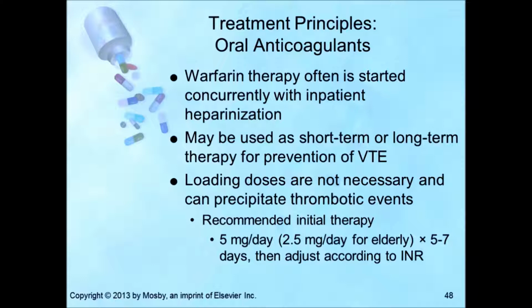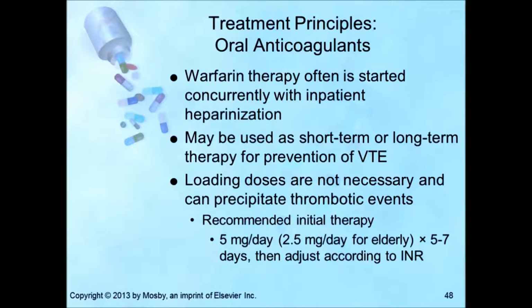Most surgeons will not operate on a patient with an INR over 2 and prefer an INR of 1. Loading doses are not necessary and can precipitate thrombotic events, and in rare cases, rapid depletion of protein C.